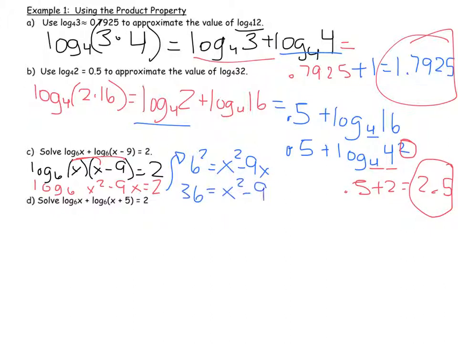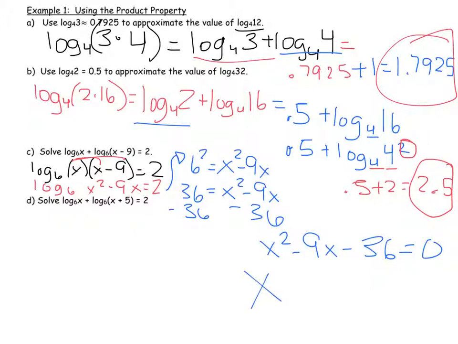And then we want to move everything over to one side. So I'm going to subtract 36, and I'm going to be left with x squared minus 9x minus 36 equals 0. And now I can just factor using big X to solve this. So in big X, I'm going to have negative 36 on top and negative 9 on the bottom.